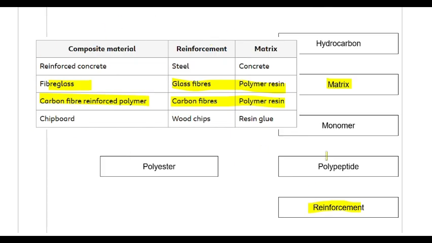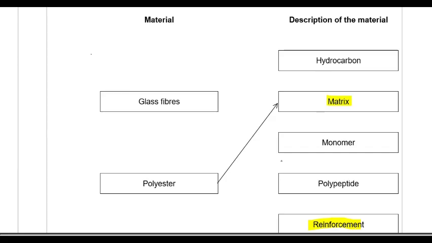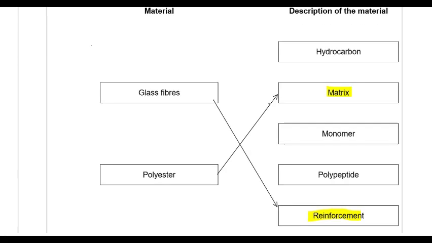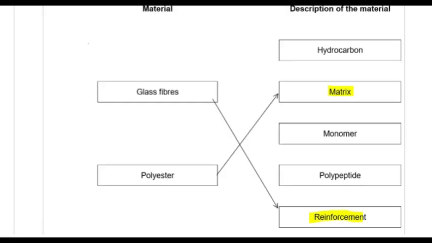Now if we look at this example of some materials, we can see that fiberglass and carbon fibre both have fibres and both have a polymer resin. And the resin forms the matrix and the fibres form the reinforcement. So let's look to the answer grid. Polyester is going to be the matrix, and the glass fibre is going to be the reinforcement. 1 mark for each answer.